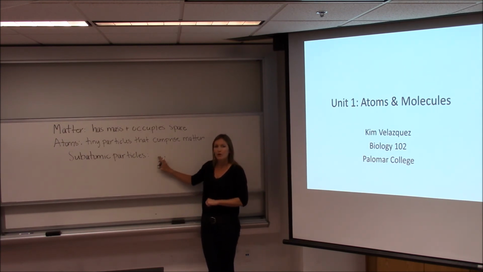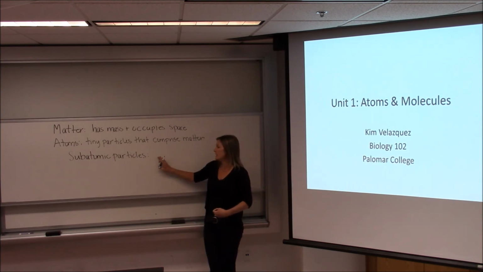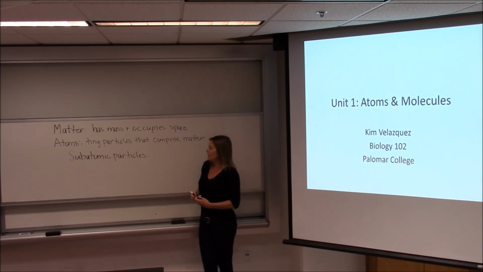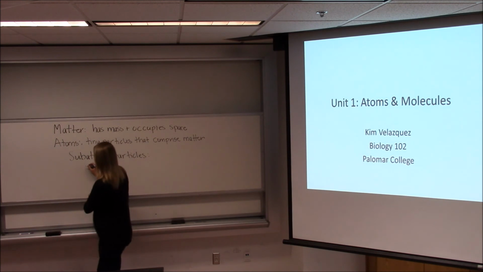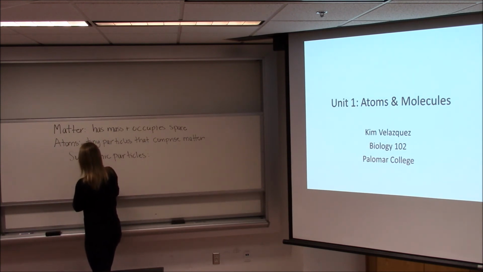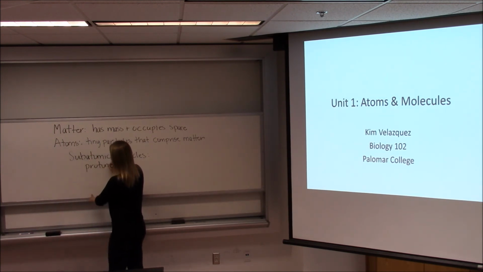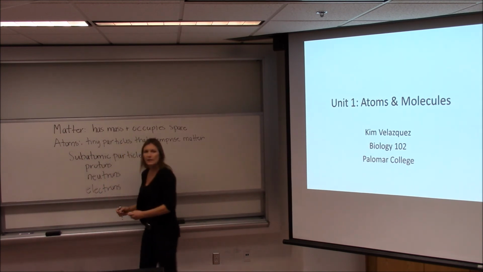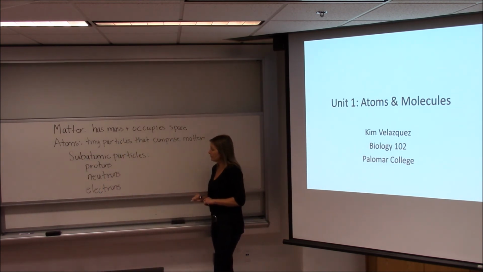So these subatomic particles are a very important part of your understanding of biology. So we're going to learn 3 subatomic particles in this course, namely protons, neutrons, and electrons. These are the 3 that are of most importance in understanding how molecules form.